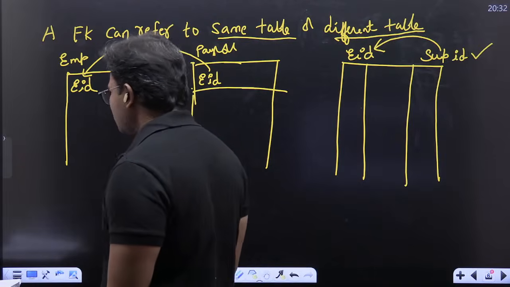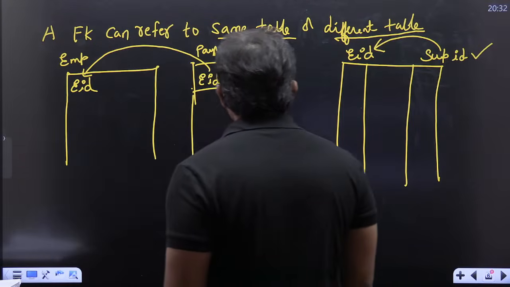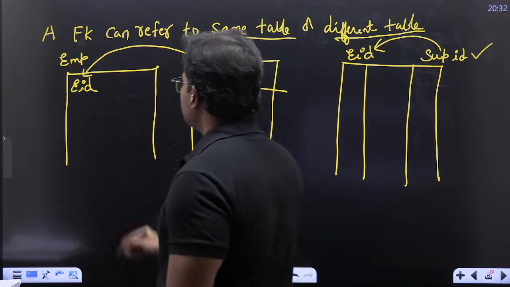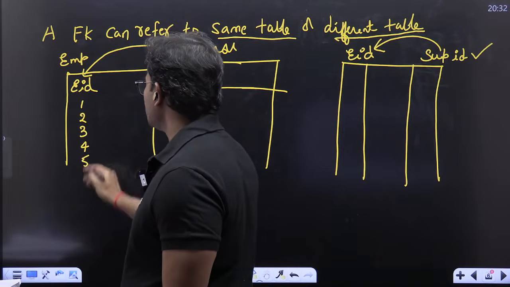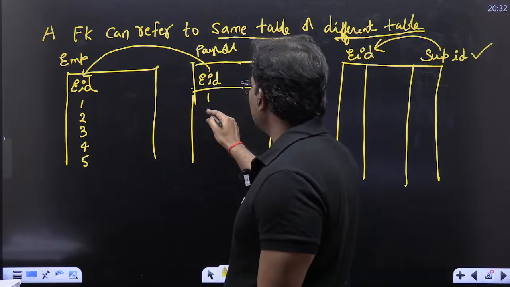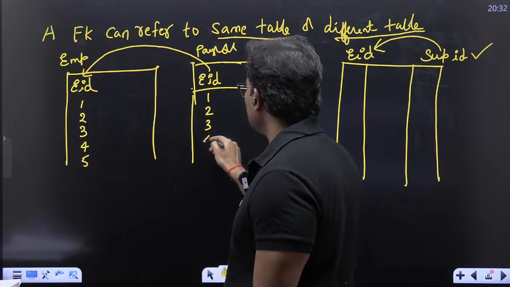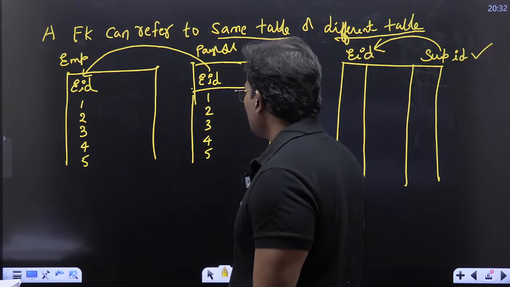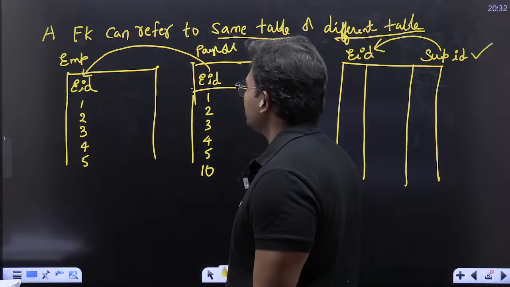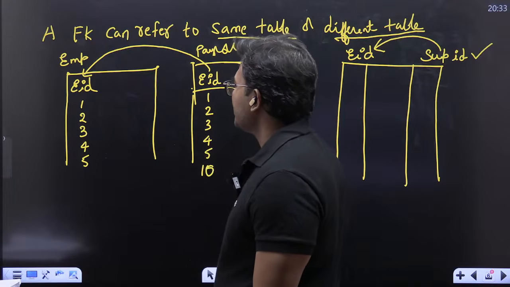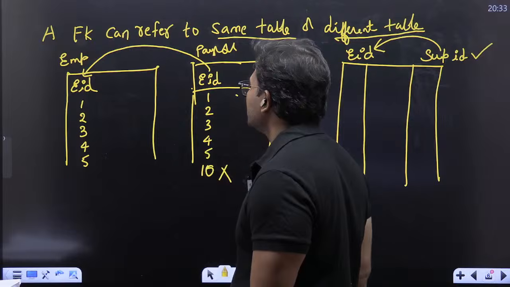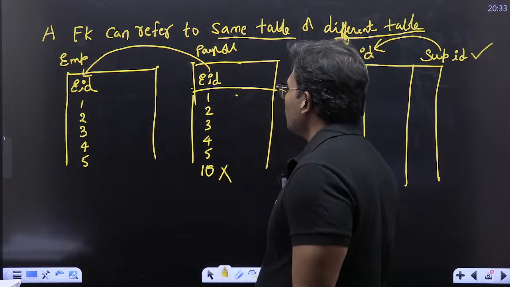Okay. Now let us say in this one only, the employees are 1, 2, 3, 4, 5. Five employees are there. So you have added payroll 1, 2, 3, 4, 5, right? Now if you add employee number 10 in this table, which is not present here, this will not be added. That is the advantage of a foreign key.